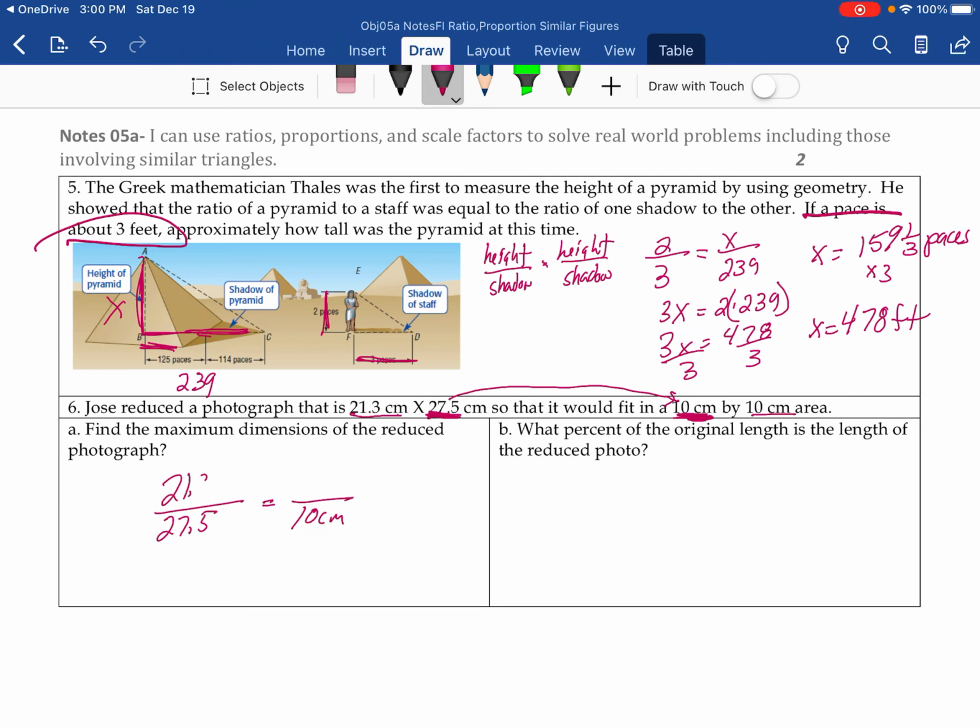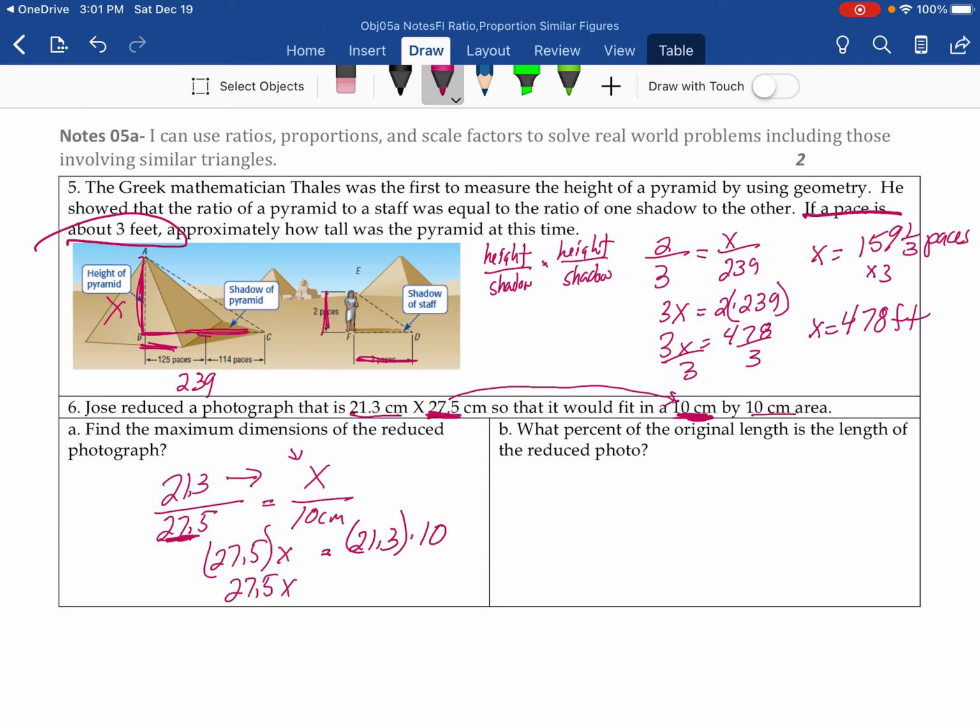So my question is, my 21.3 side, how big will that be when I shrink it down? Now, I couldn't shrink this down to 10 because this would be bigger than 10. So that's why I'm setting it up this way. So I cross multiply: 27.5 times x is equal to 21.3 times 10.